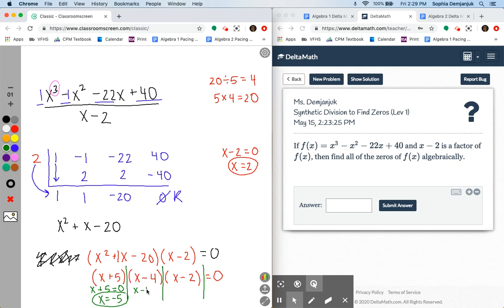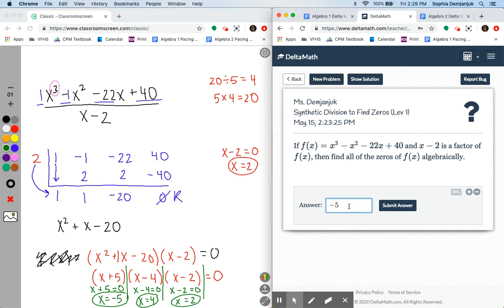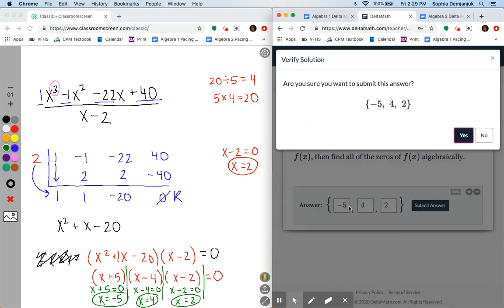If I have x minus 4 equals 0, I could add 4 to both sides and I get x equals 4. If I have x minus 2 equals 0, I could add 2 to both sides and get x equals 2. So I have my answers -5, I'm going to separate them by a comma, 4, and 2.